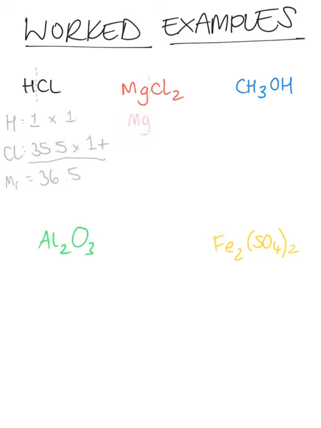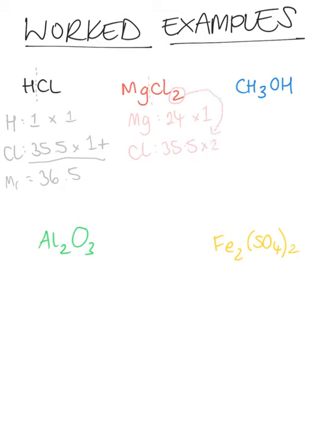Now, if we look at magnesium chloride, we've got two elements here again. We've got magnesium and we've got chlorine. Magnesium has a relative atomic mass of 24. Chlorine, as you can see, we just did it, has 35.5. Now, there is only one atom of magnesium in magnesium chloride, but we've got a little 2 here, okay? So we're going to bring that down and put it here.